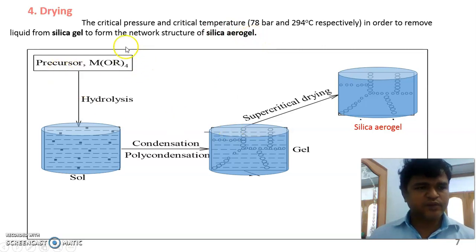We take the precursor metal oxides, which undergo hydrolysis to form a solution. That solution undergoes condensation and polycondensation, and a stirring process takes place for several hours, which forms a gel. Again, this gel we dry at high temperature to get silica aerogels.